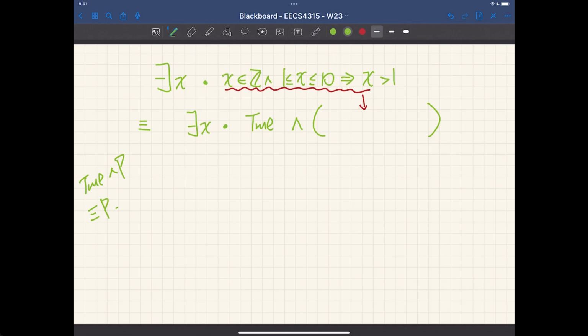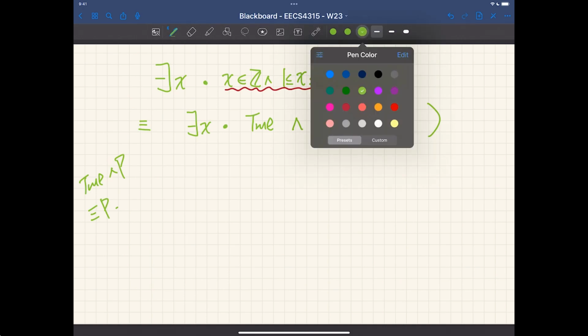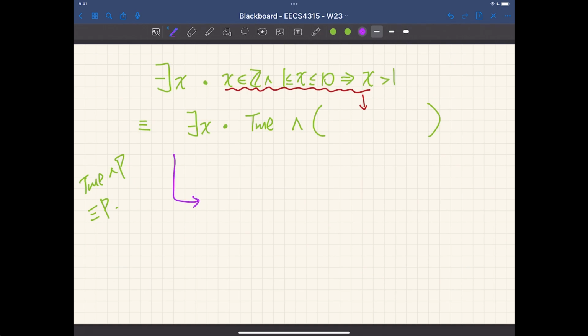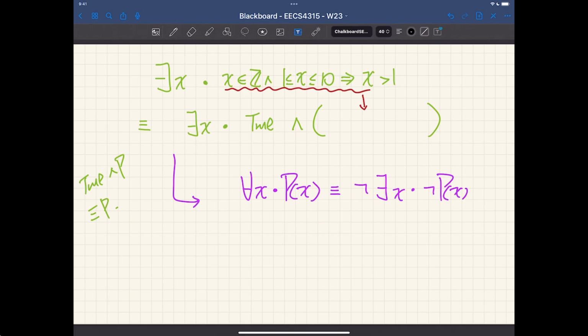And guys, not too surprisingly, we're going to see this very soon. You have certain axioms to convert between them. Already here, you say for every x, p of x is equivalent to not the case that there exists x and not p of x. In this case, we are being very general.